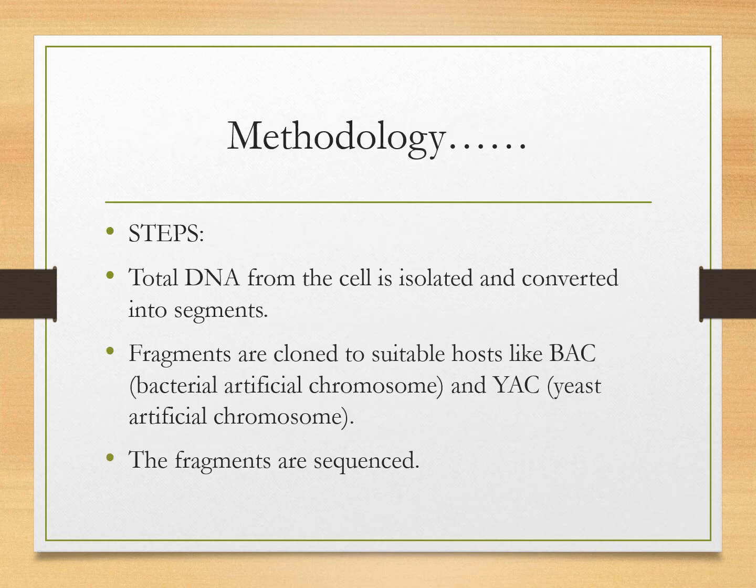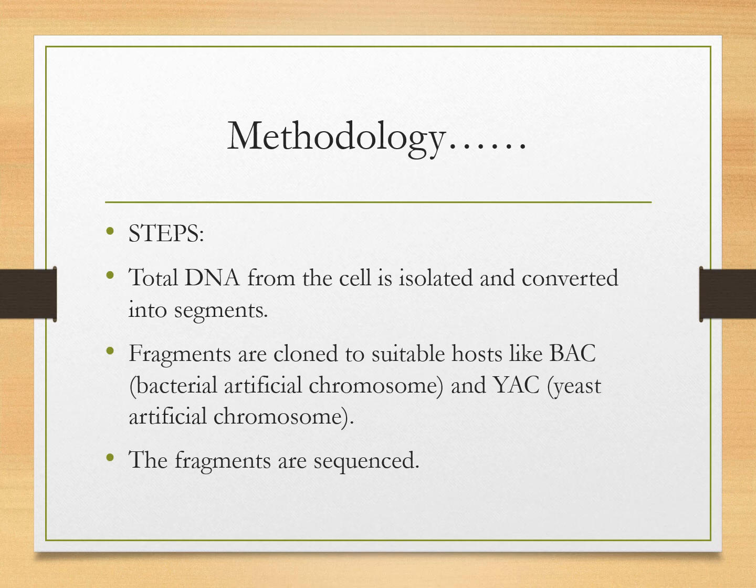So what methodology is there? The steps are: first of all, total DNA from the cell is isolated and converted into segments. First is isolation and fragmentation. Second step is that all those fragments are cloned, which means many copies of those fragments are prepared, and that is called cloning.